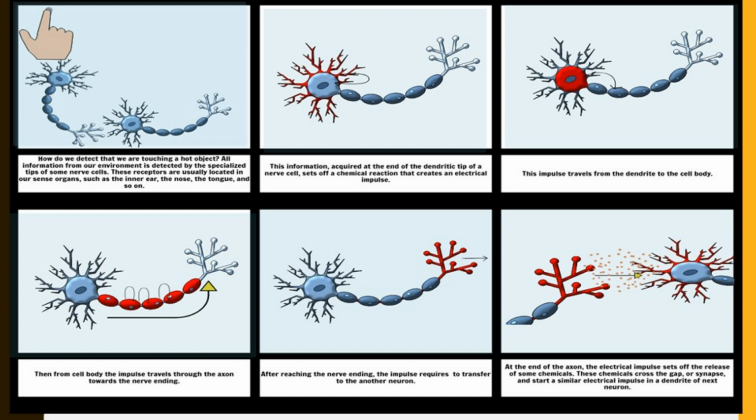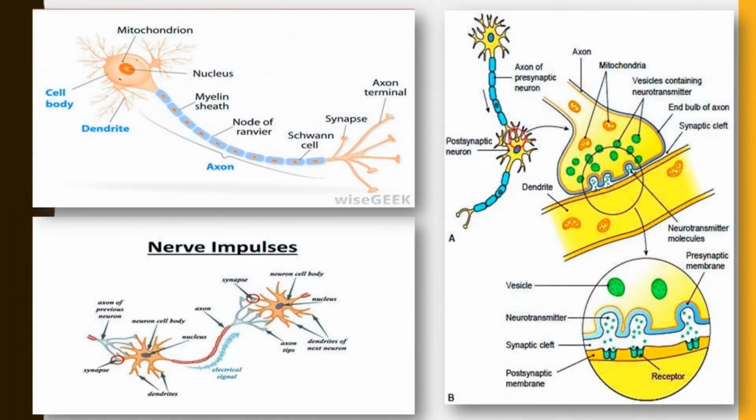A similar synapse finally allows delivery of such impulses from neurons to other cells such as muscle cells or glands. You can see the structure of a neuron and neuromuscular junction. At the nerve ending, the electrical impulse sets off the release of chemicals.